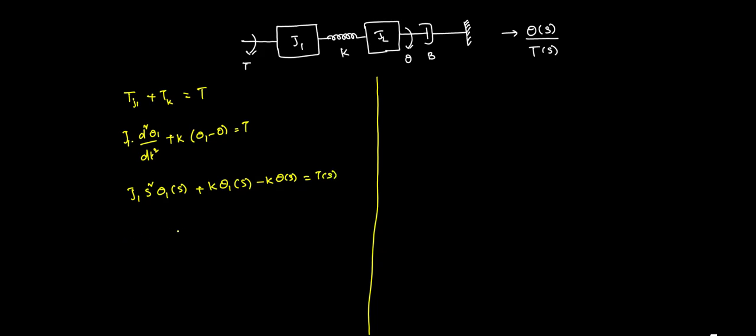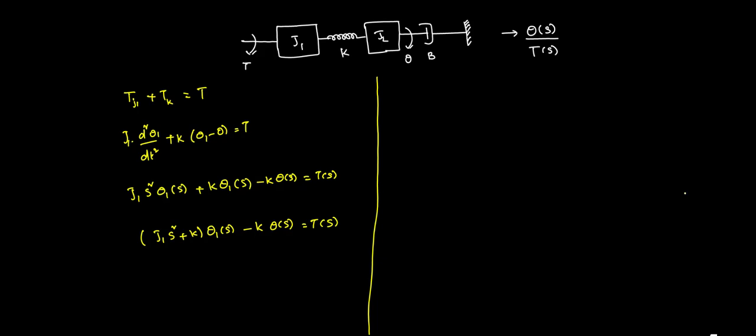Taking theta 1 common, I can write J1 s square plus K into theta 1 of s minus K into theta of s is equal to T of s. This is for the angular displacement of the mass with moment of inertia J1. It is basically the free body diagram of J1.